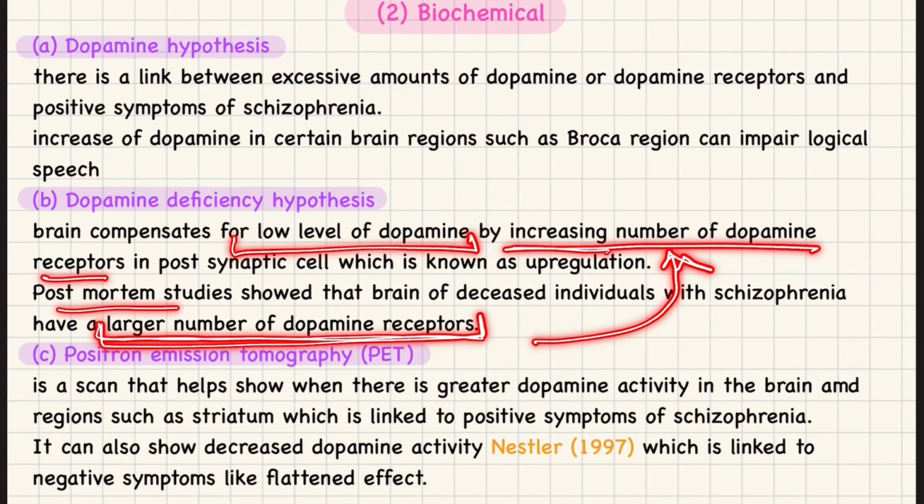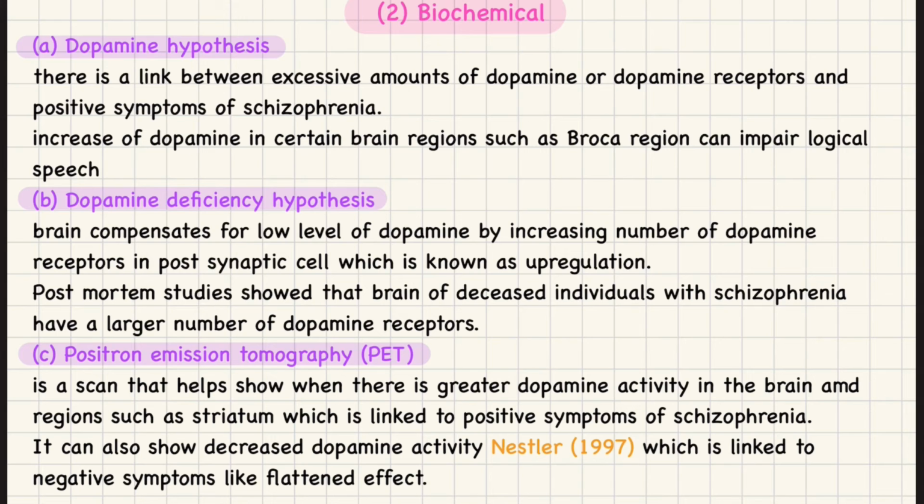In the post-mortem studies, people that had schizophrenia in their life showed a larger number of dopamine receptors in their brain.